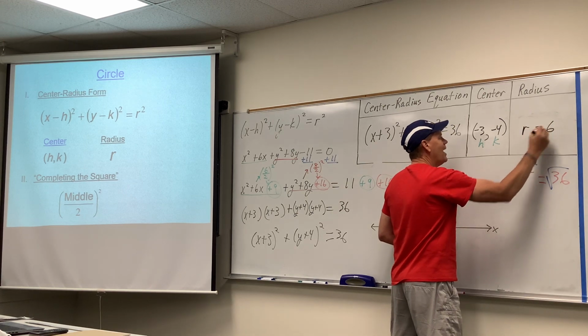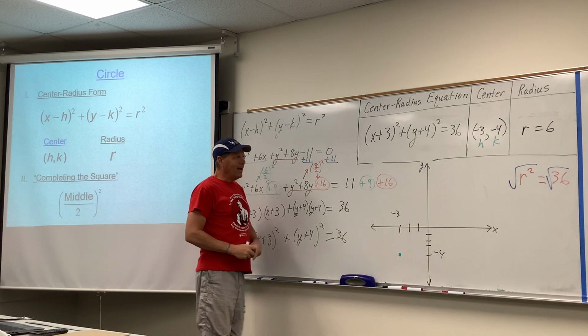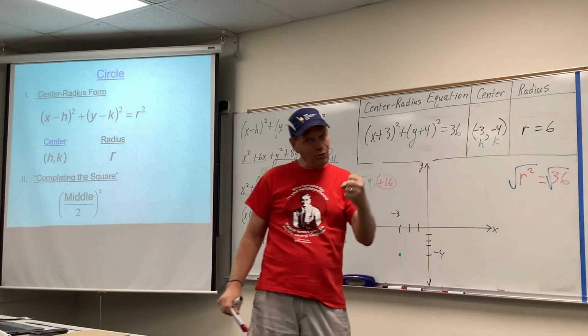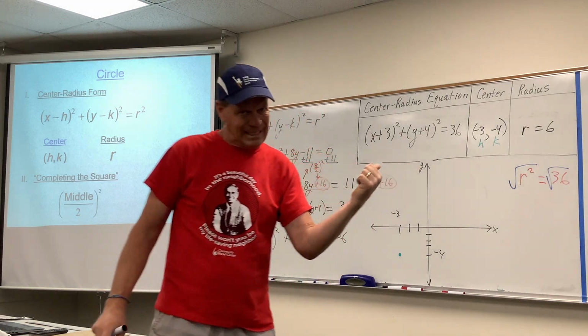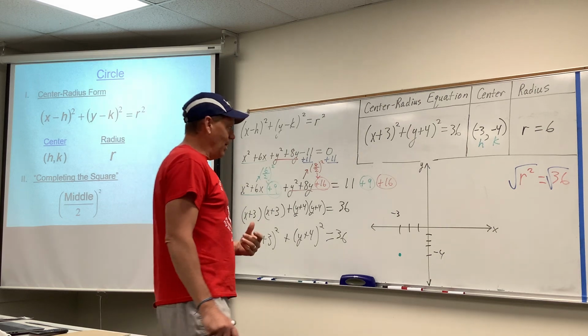Now I ask that you do all the work here in the wide open space and then just transfer only your answers into the boxes, please. You don't have to cram all the work into the boxes.